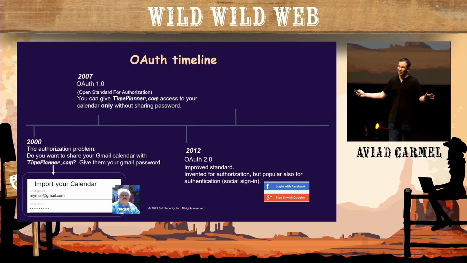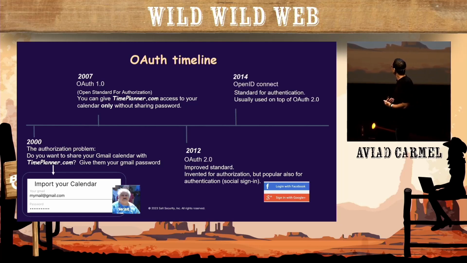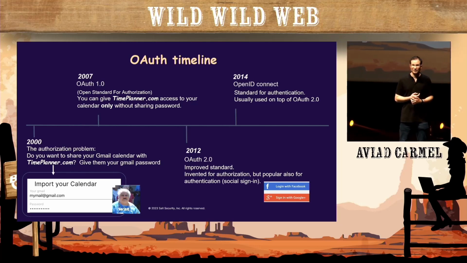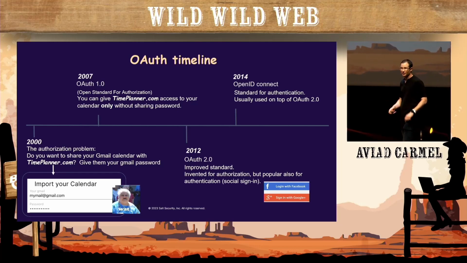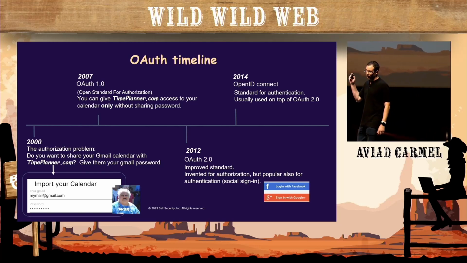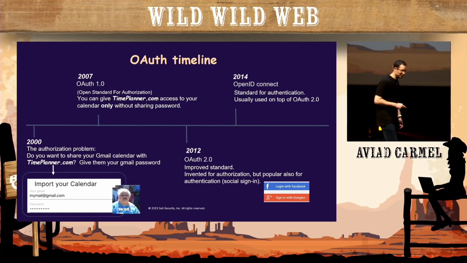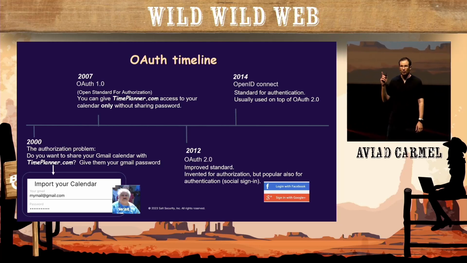But both social sign-in and authorization are the same thing, the same mechanism based on OAuth. The focus of the presentation is social sign-in. And in 2014, a new standard, OpenID Connect, was released, which is a standard only for authentication, the social sign-in. But what you need to know is that OpenID is also based on OAuth. So every vulnerability that I'm going to show you in this presentation is also relevant to OpenID.